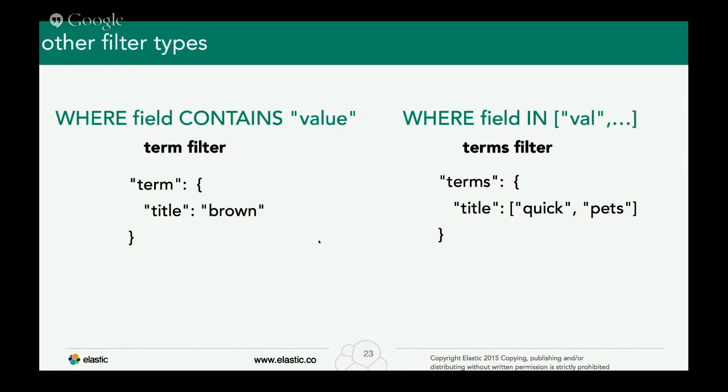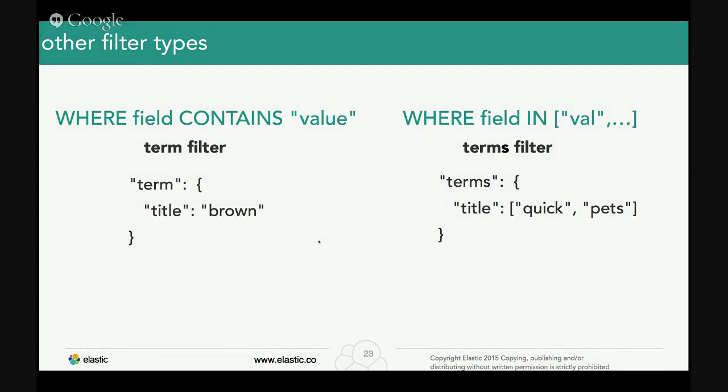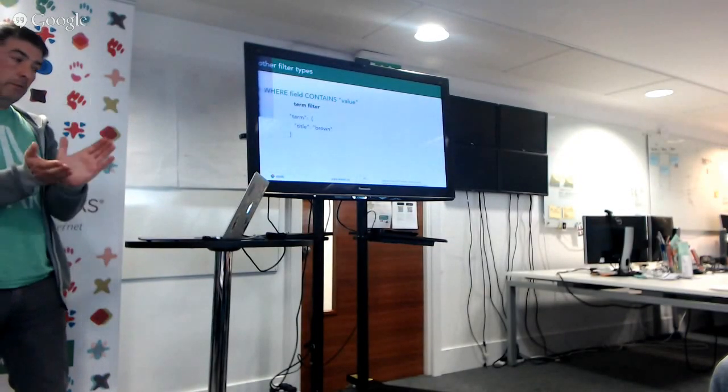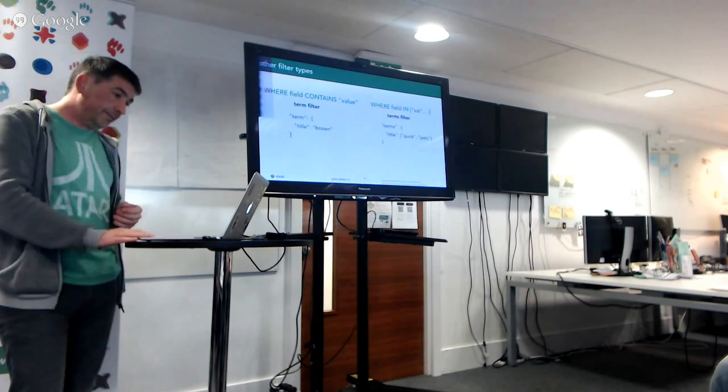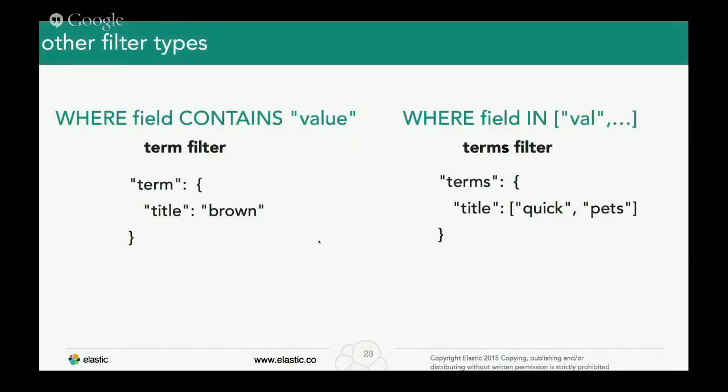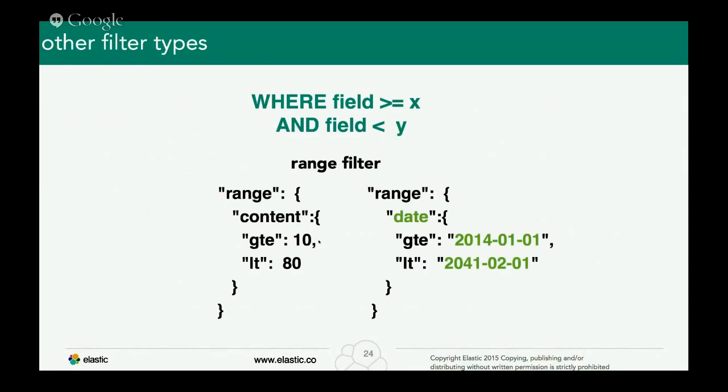So a where value maps similar to a terms filter. Obviously title brown, obviously it's a where clause. It allows you to subset a segment of data. Where field in, okay, that's a terms clause with an array. So if it's in one of those values, then bring that subset data back. Keep on going with that SQL-y feel to things.